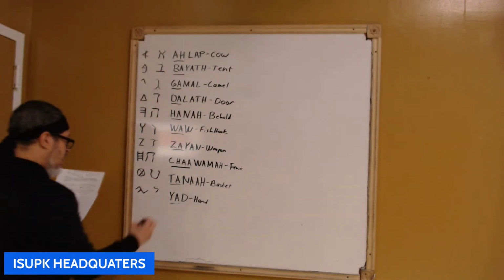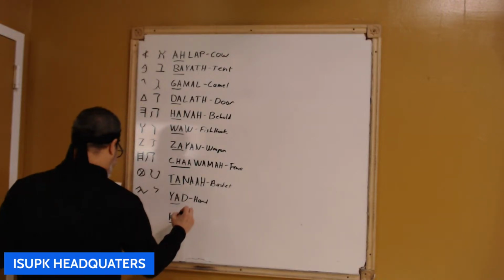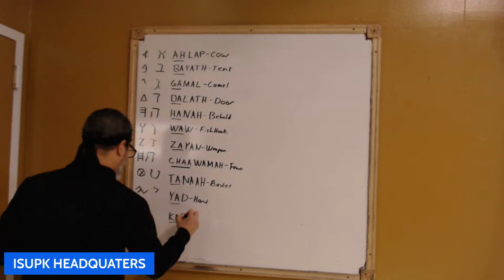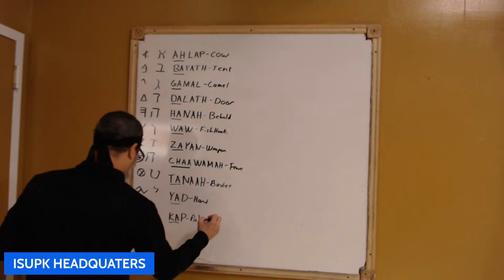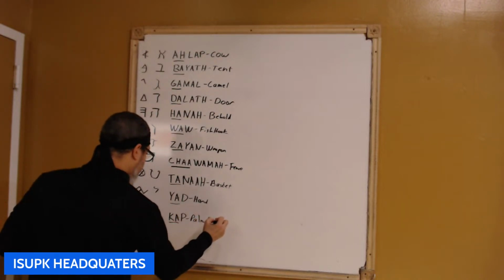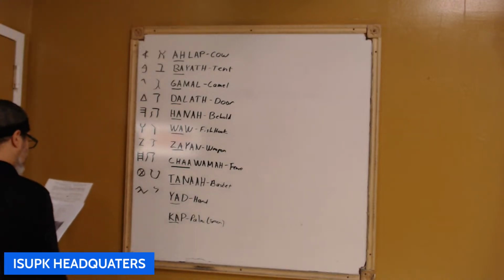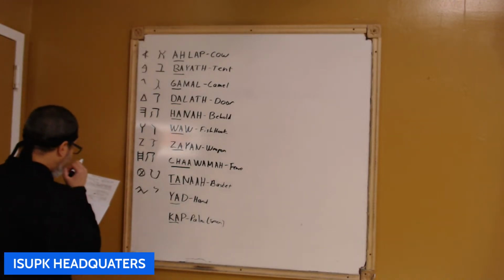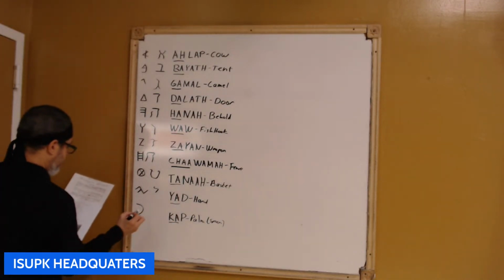Then we have the Ka, which is short for Kop, which is your palm, or spoon. And the Ka symbol is drawn like a letter C backwards.